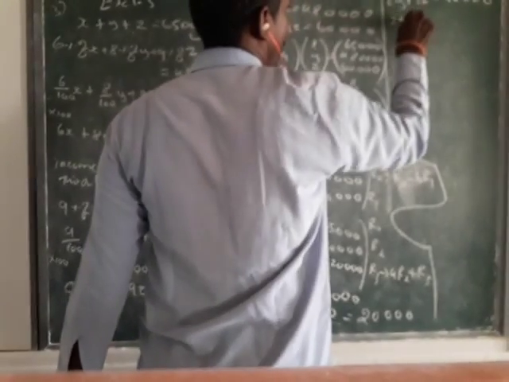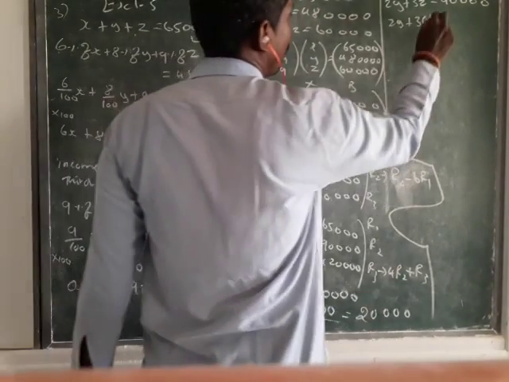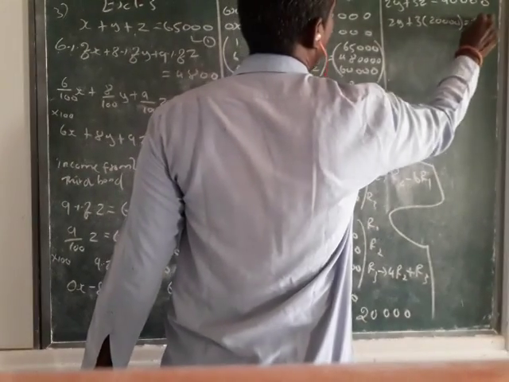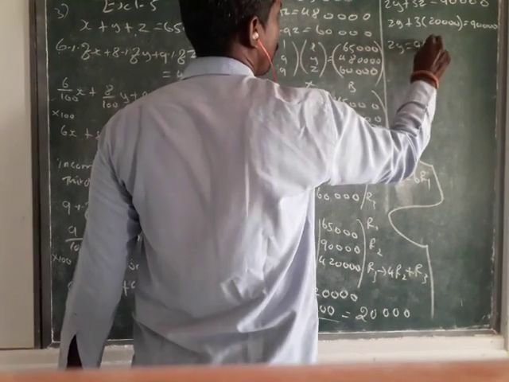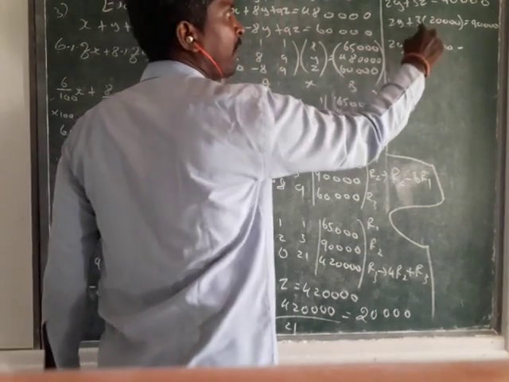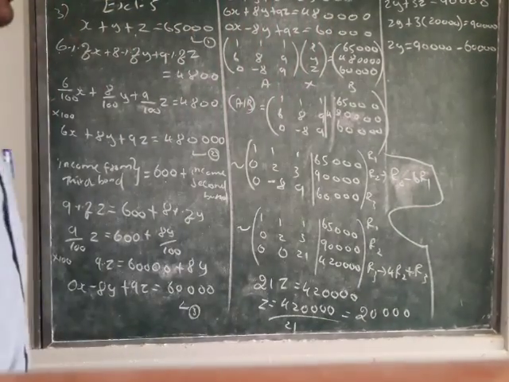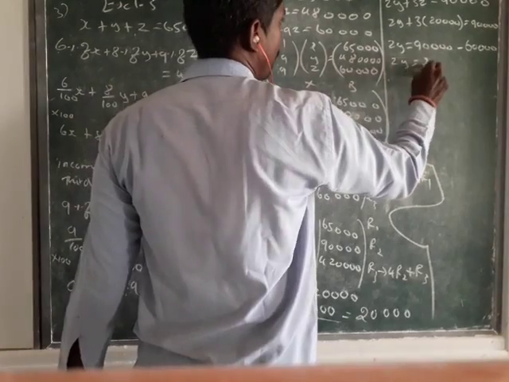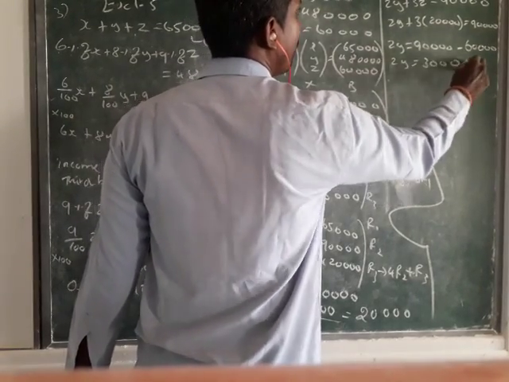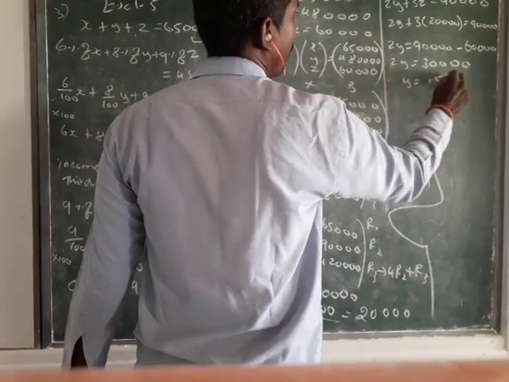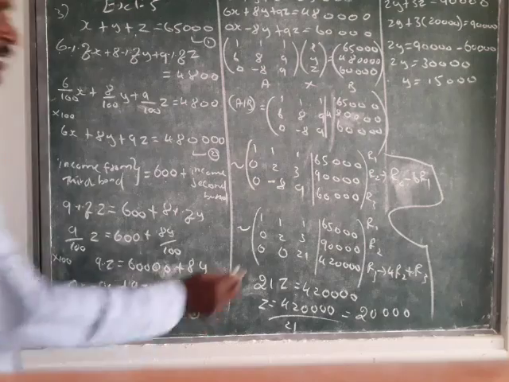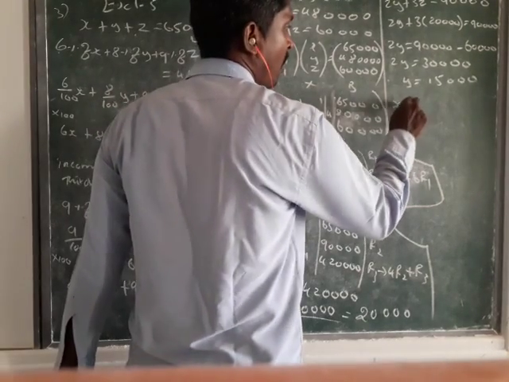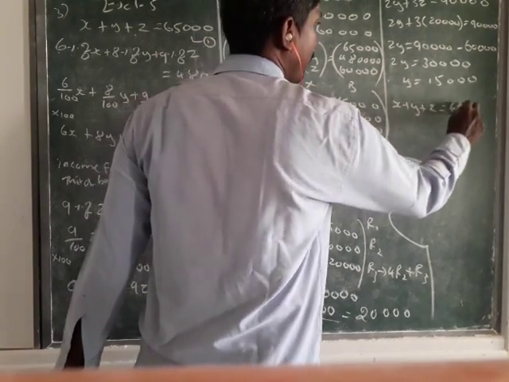Substitute here: 2y plus 3 into 20,000 equals 90,000. Subtracting, 3 times 20,000 is 60,000, so 2y equals 30,000. Then divided by 2, y becomes 15,000. Now substitute in equation 1. We have x plus y plus z equals 65,000.